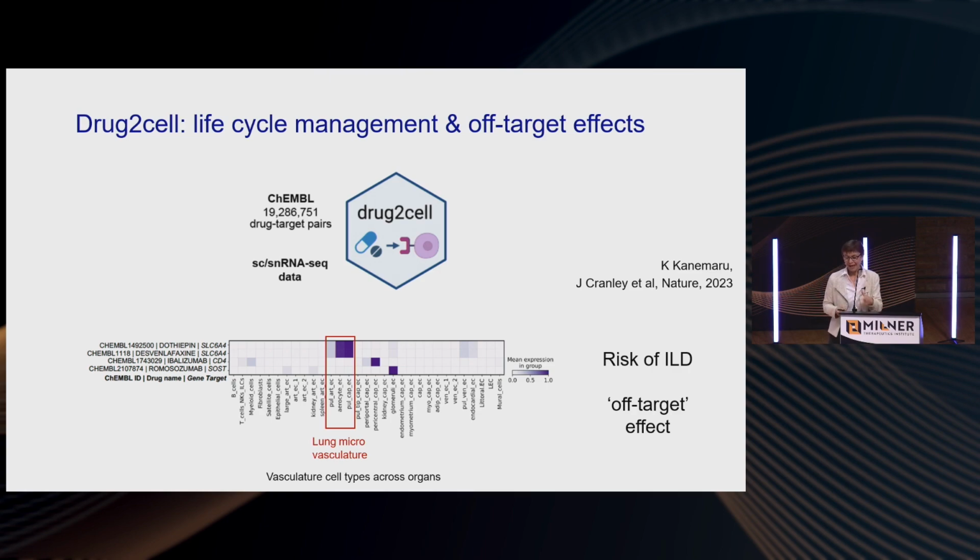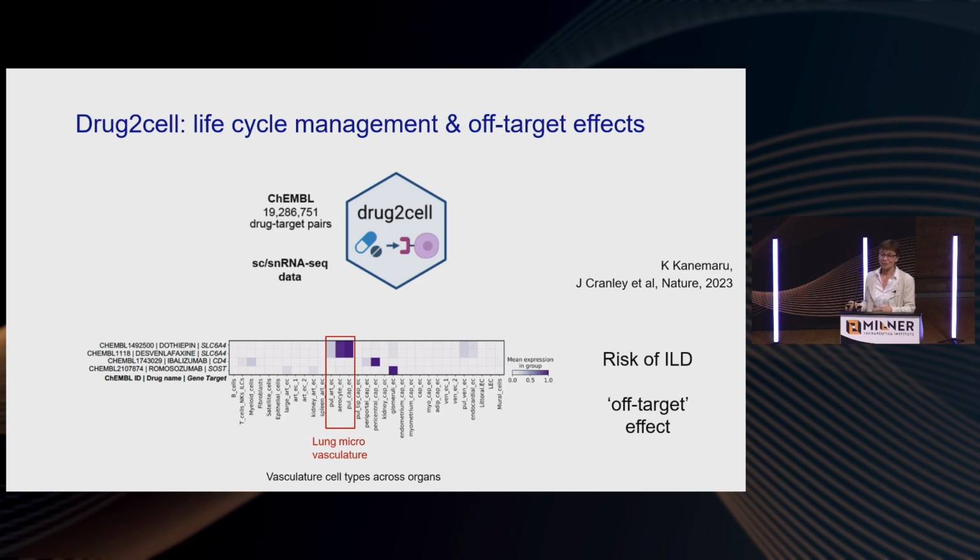As this talk is on the lung, I'm giving just one little example here where we've looked at different drugs, and these happen to be antidepressants, and then asked where in the vasculature these drugs actually interact. It turns out that these two drugs interact with the lung microvasculature.